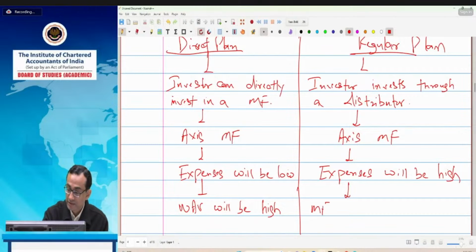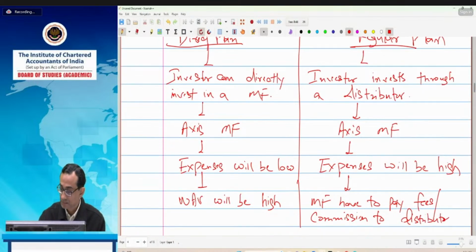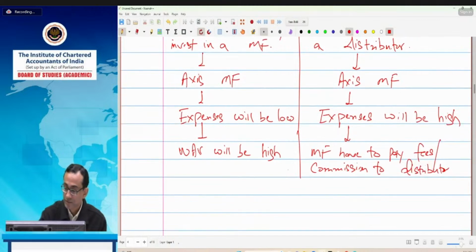The mutual fund has to pay fees, or you can say commission, to the distributor, which is also called a trail commission.